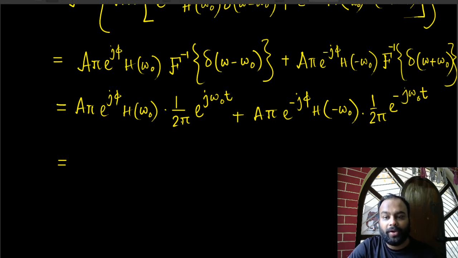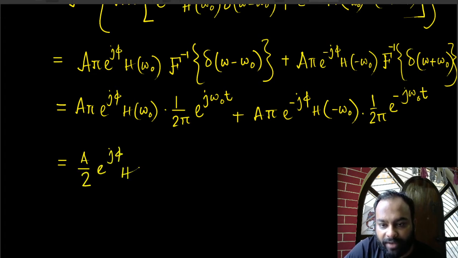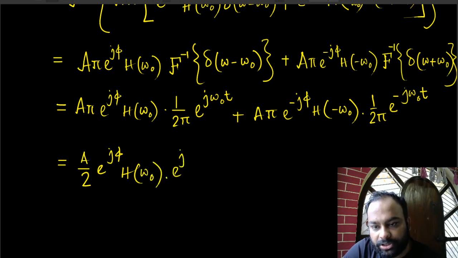So now we can cancel out this pi. So I have a by 2 e to the power j phi h omega naught, and then I have e to the power j omega naught t, right?